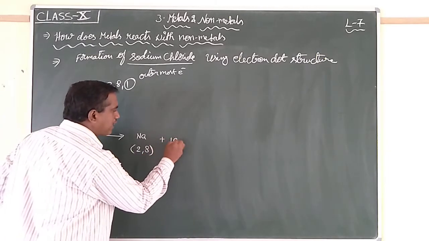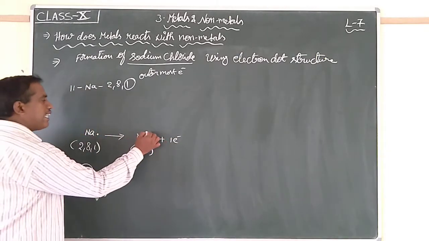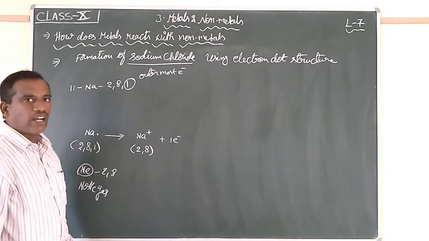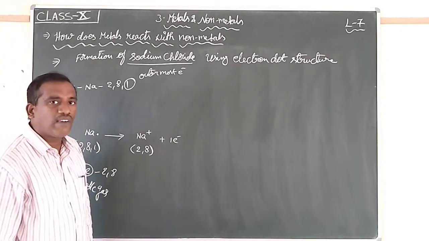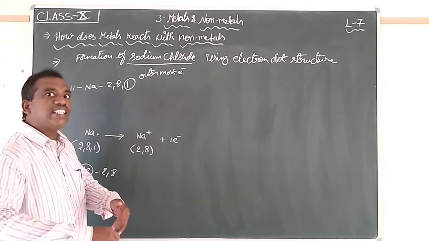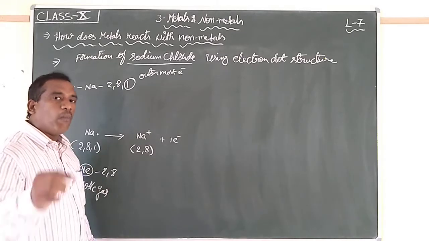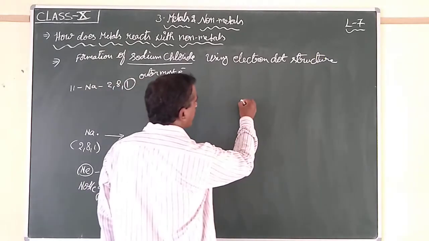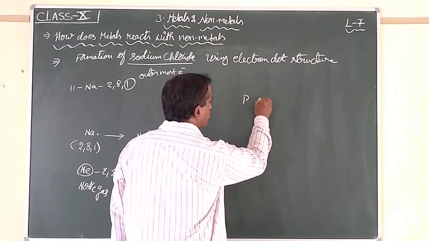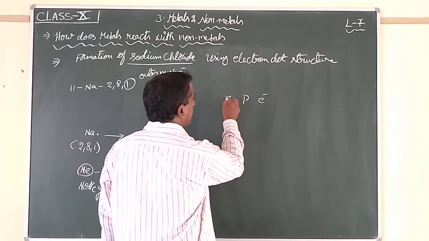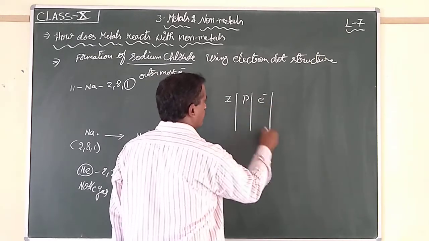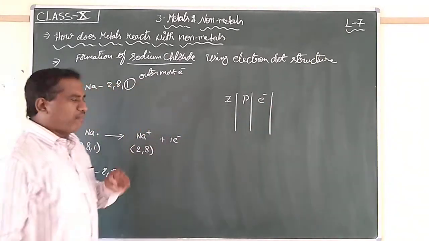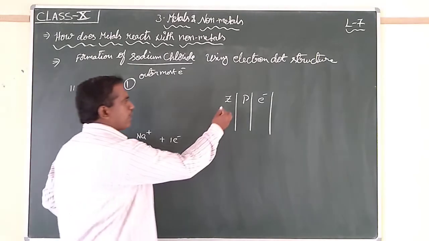After losing the electron, it will get a charge of plus on it. Why is it getting a charge of plus on it? Most of the students will have a doubt. For that, we have a very simple reason. Take protons, electrons, and the atomic number as the coordinates. Atomic number of sodium is 11.